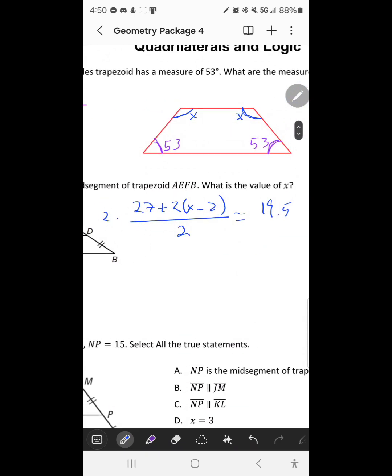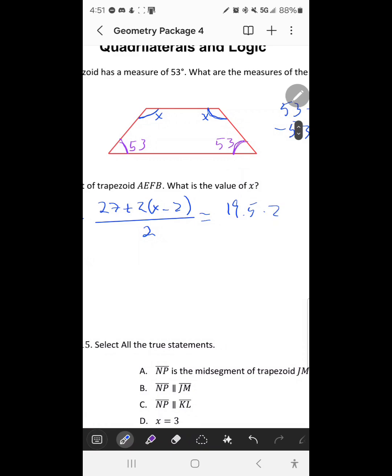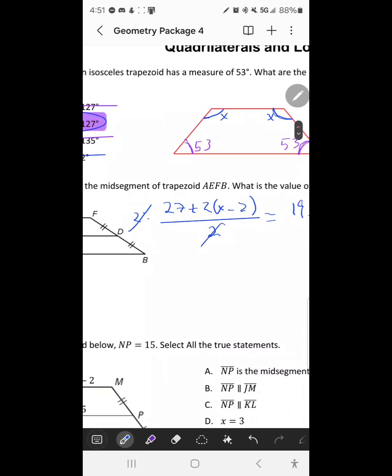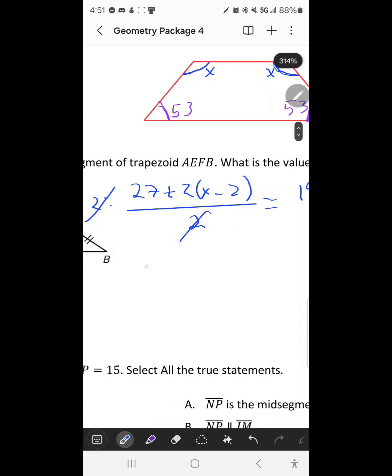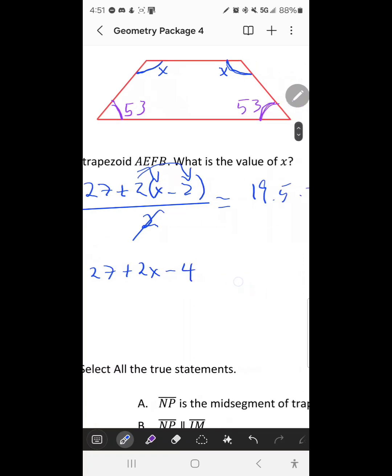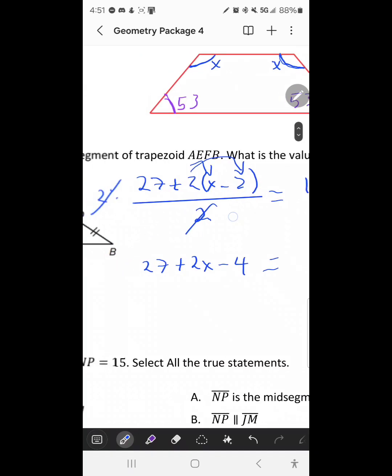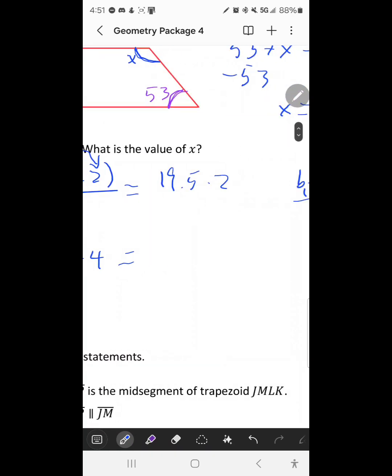I'm going first to multiply both sides by 2. So this can cancel out. I also going to keep the 27, but 2 times x is 2x, and 2 times minus 2 is negative 4. On this side, since we cancel out the 2, I have 19.5 times 2, and this is going to be equal 39.